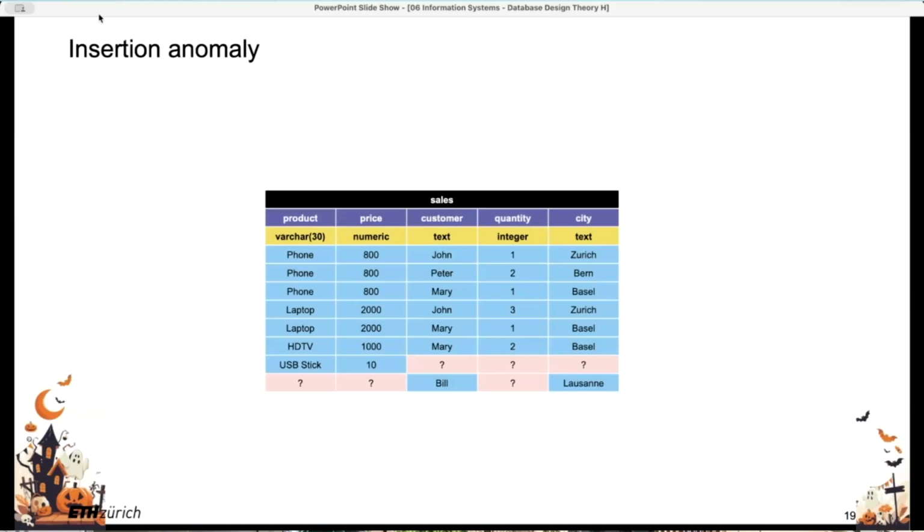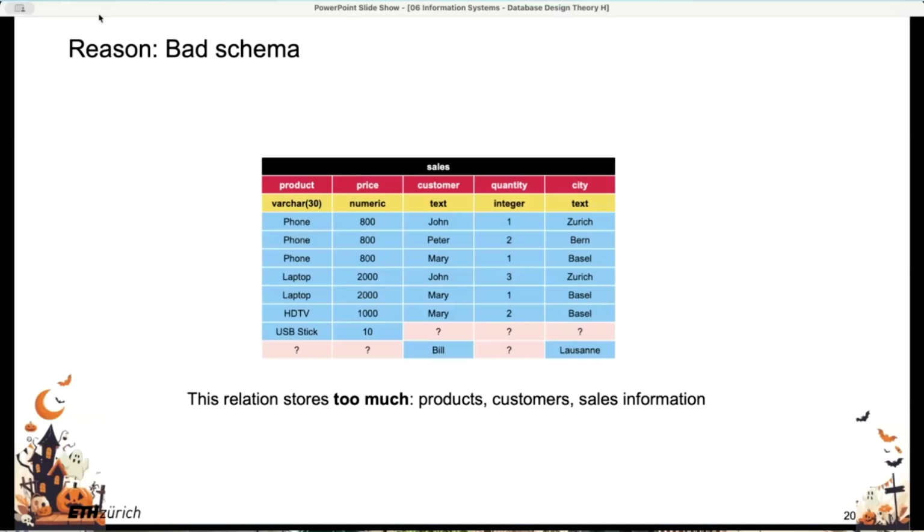And when I say in that way, we are going to define mathematically and formally what I mean with in that way, right? We're going to have the math for that. So before we do the math, I can already give you an intuition of what's wrong in here. What's wrong is just that we have a table that does too much. That table has products, that table has customers, that table has orders.